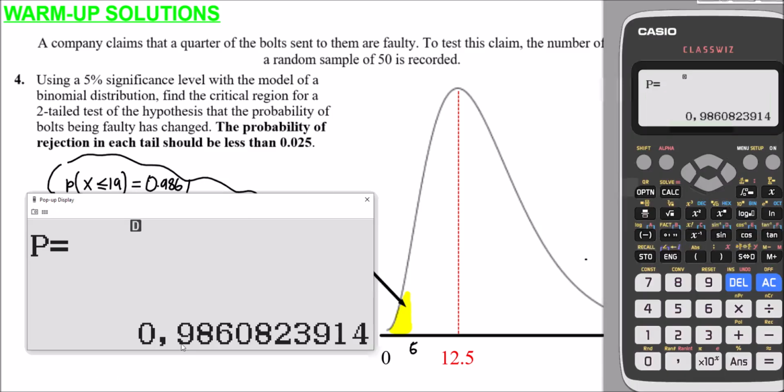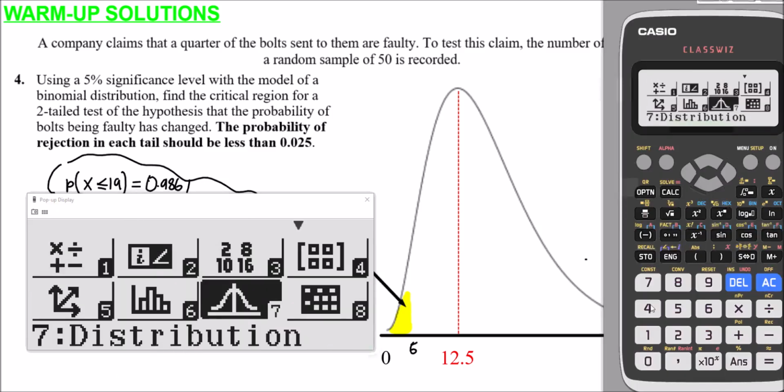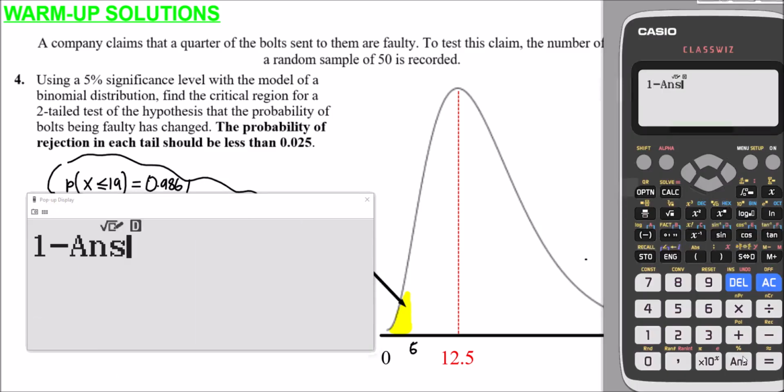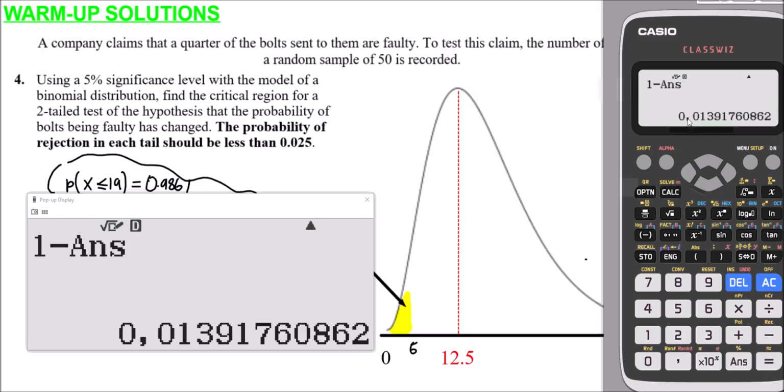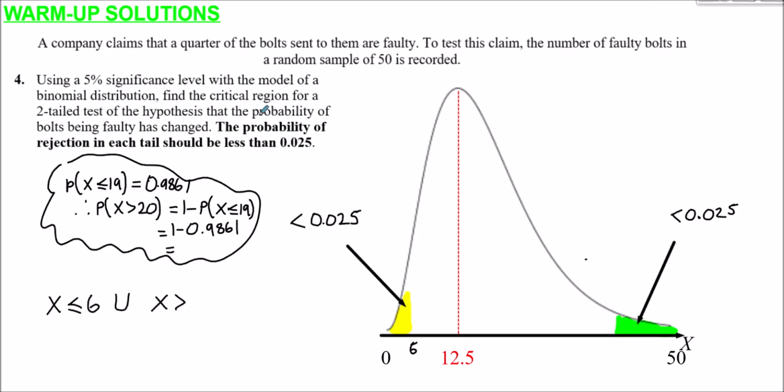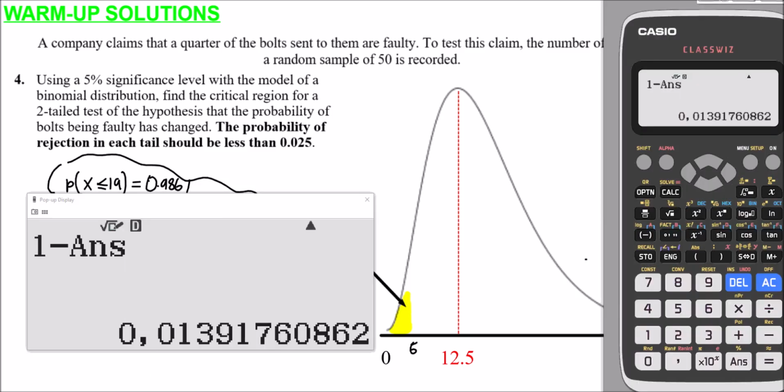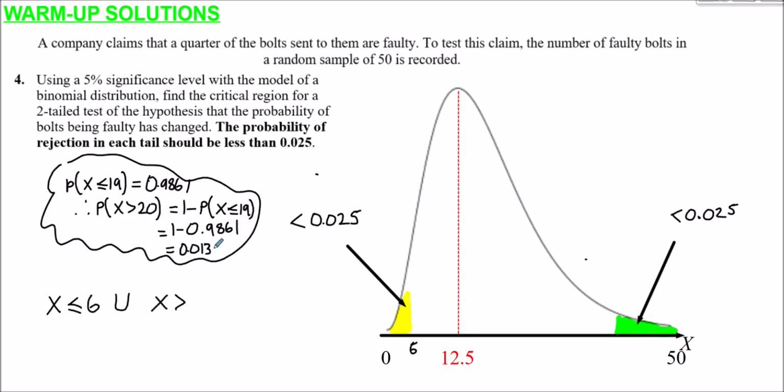So if we just try this now, menu, 1 minus that probability that's stored for us gives 0.01392. Which is less than 0.025.